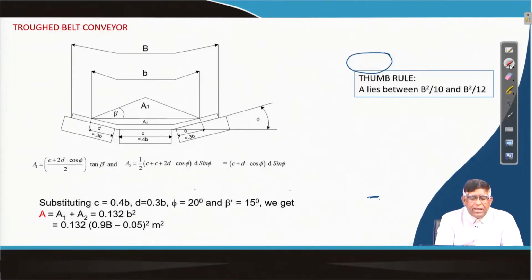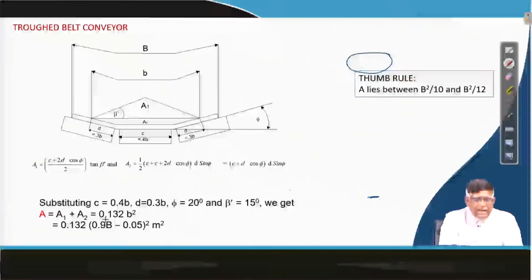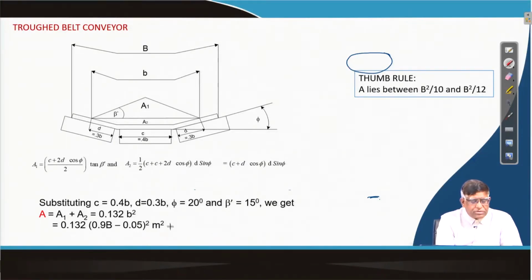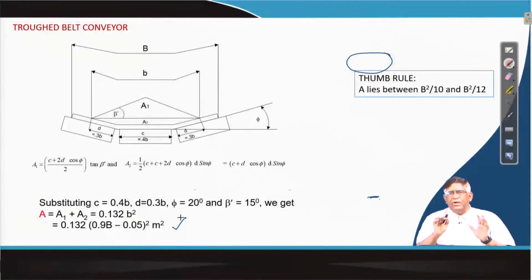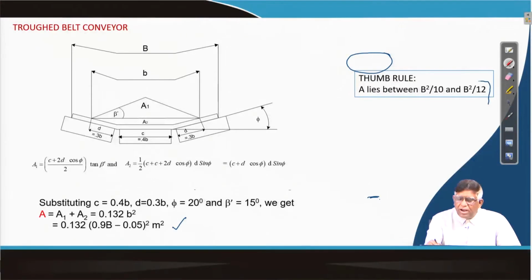But if all these are not available, you can put these two areas together, the triangular area and the trapezoidal area, and find the total area in this form. Or, for doing the initial calculations, you can use a thumb rule.